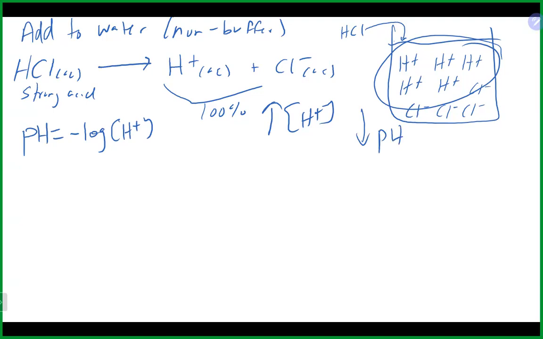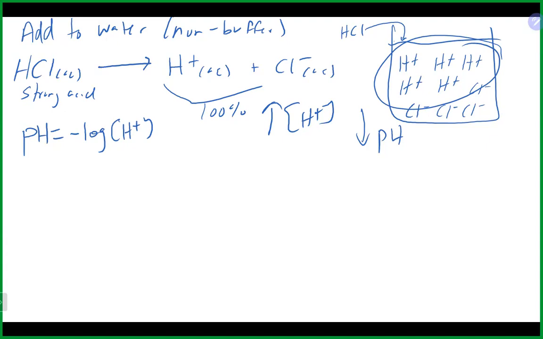So for example, if our water started at a pH of, say, 7, and you added some hydrochloric acid to it, by increasing the H plus concentration in that water, perhaps the pH goes from 7 down to like a pH of 2, a really big jump, because you just introduced a ton more H plus that wasn't there to begin with.